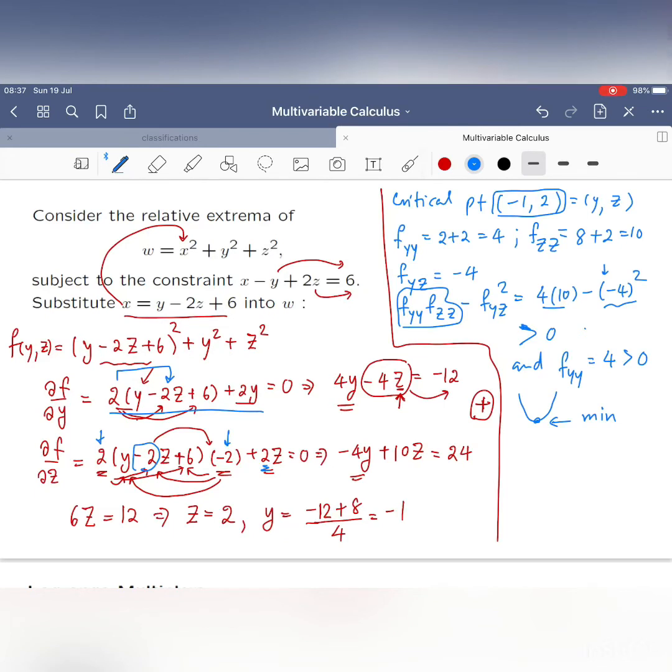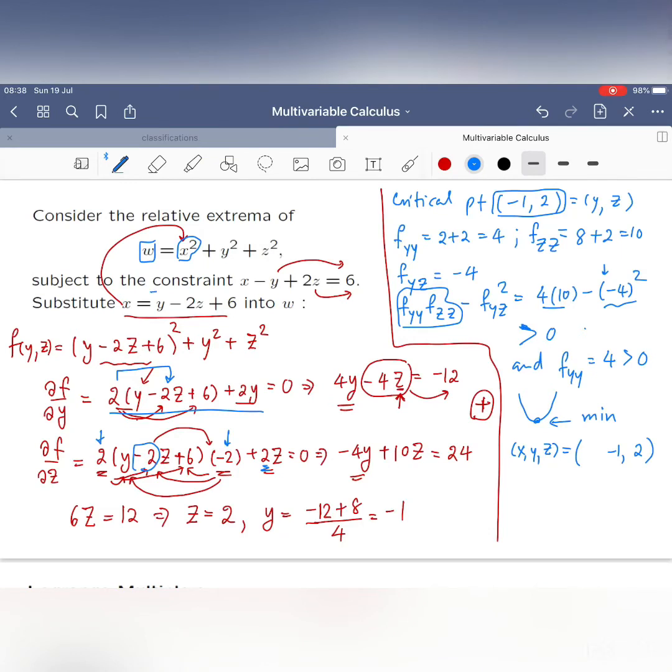However, all you need, okay, is not only y and z but also the x. So it means that the x and the y and the z will give you a minimum of w, okay, under this constraint. Of course, your y is -1, your z is 2.